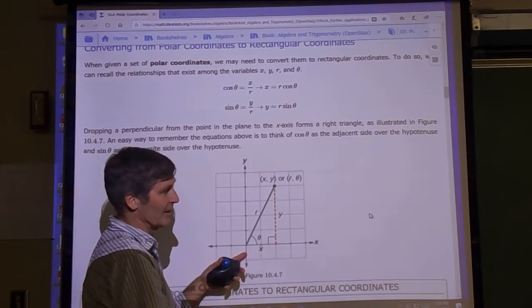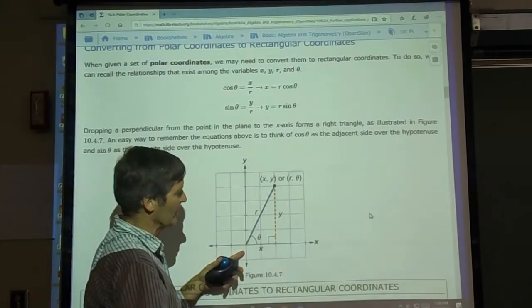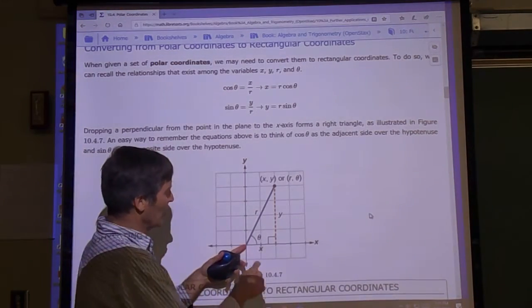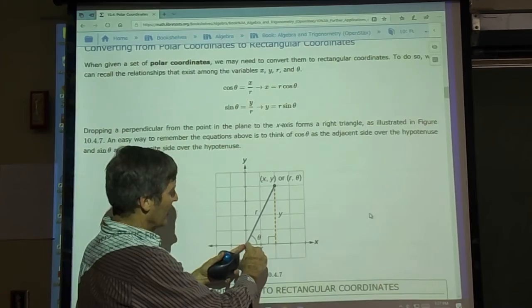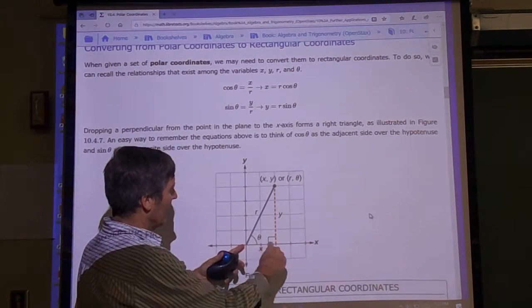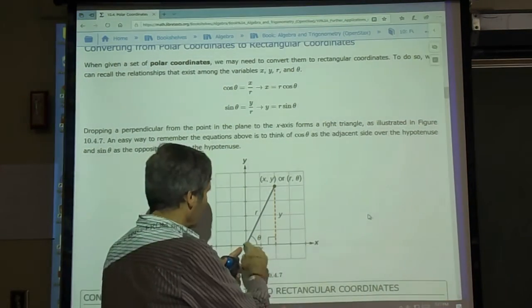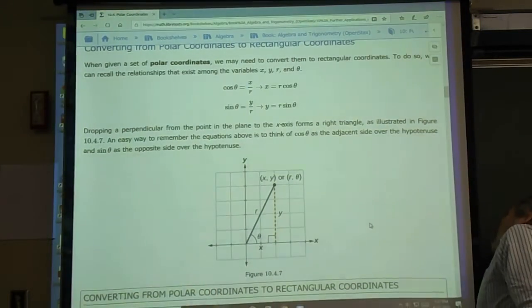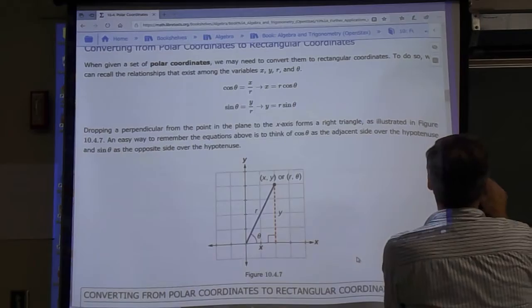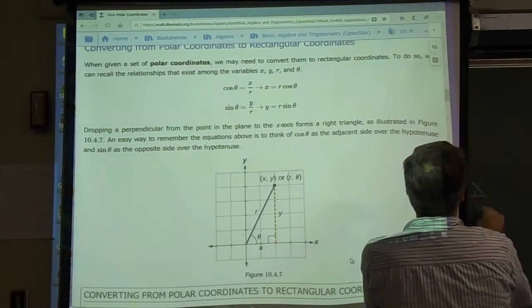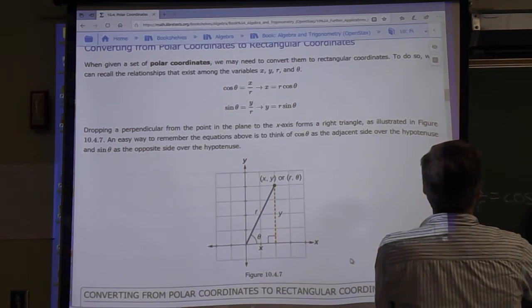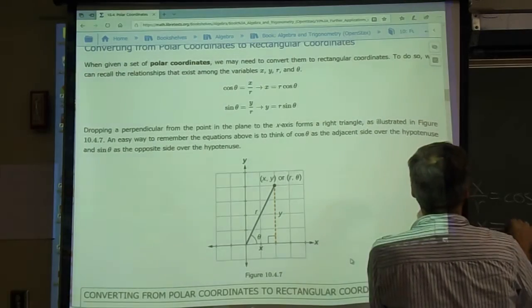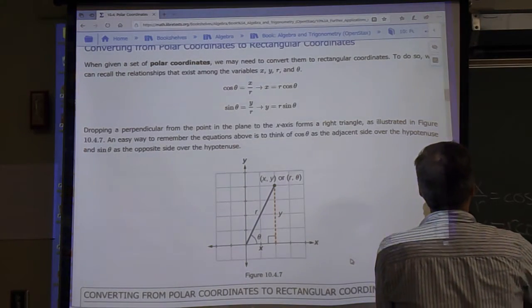These are used extensively in lots of classes with physical applications. The reason being that this over this is the cosine of theta, adjacent over hypotenuse, so we write x over r equals cosine theta, so x is equal to r cosine theta.